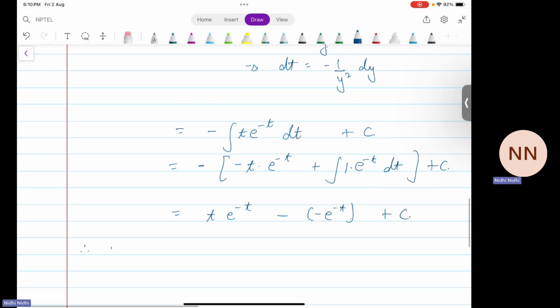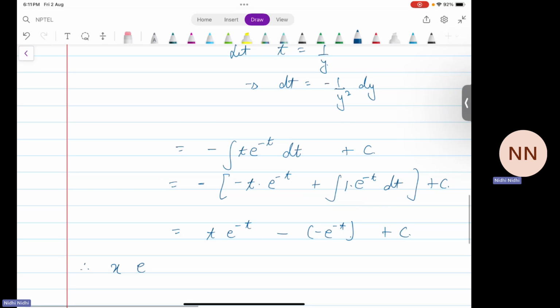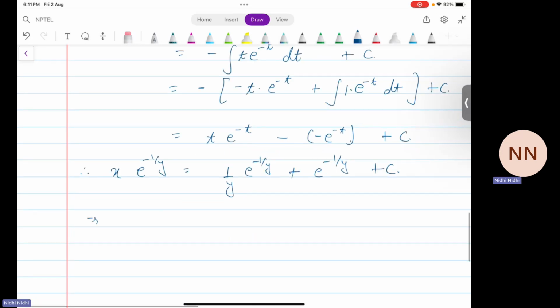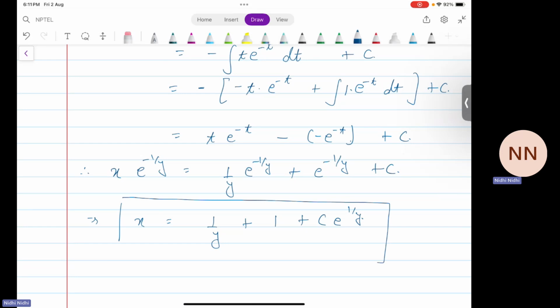Therefore, we are left with x e to the power minus 1 by y is equal to 1 by y e to the power minus 1 by y, because what was t? T was 1 by y, plus e to the power minus 1 by y plus c. So we can write it as x is equal to 1 by y plus 1 plus c e to the power 1 by y. This gives us the solution.